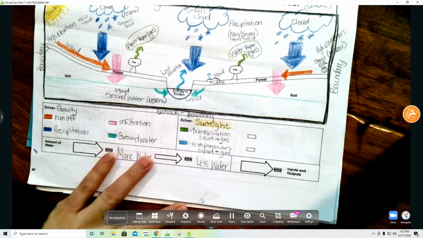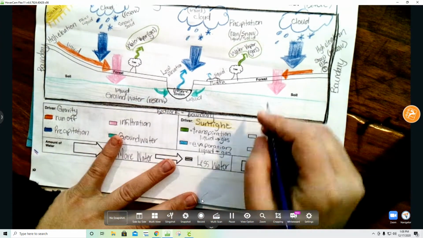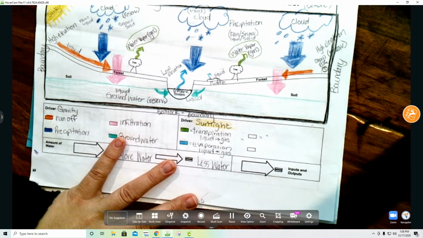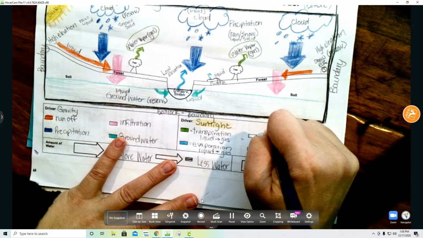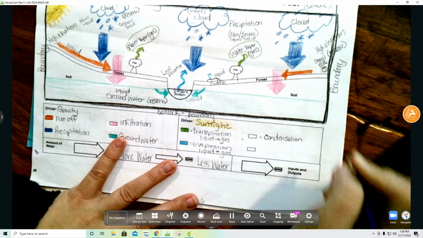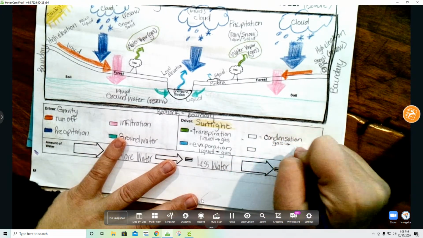Now we're going to add the two ones that we literally just talked about, condensation and melting. What is condensation? This is gas to a liquid.